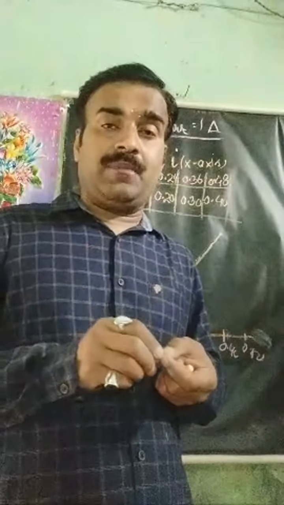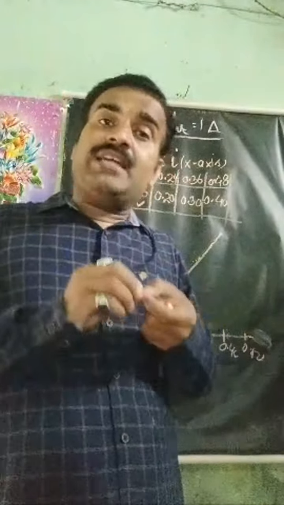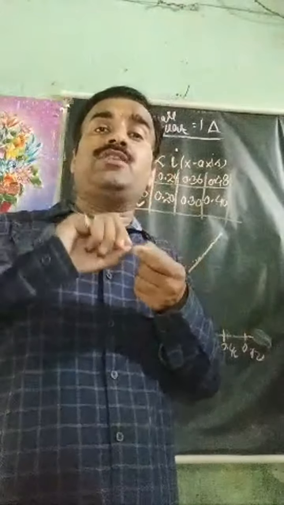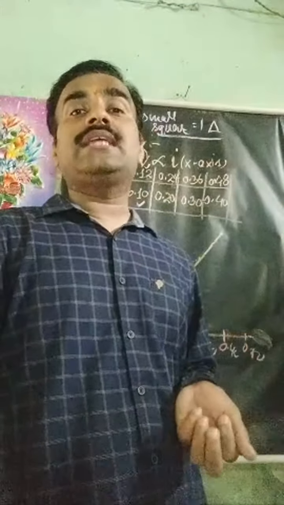Best fit line means if you have taken 5 or 6 readings, maybe all the points will not be in the same line. Don't take tension. Best fit line means a minimum of 3 points should be in the same line. You must know these things once you are going to draw the graph.